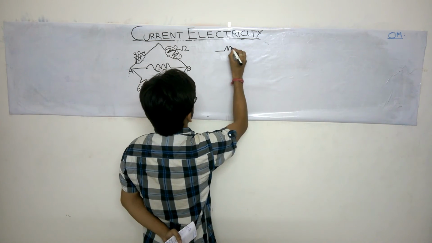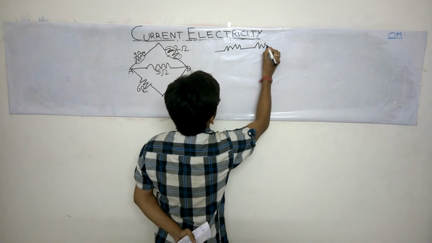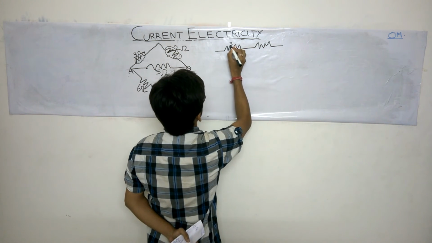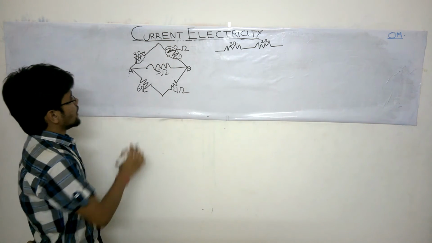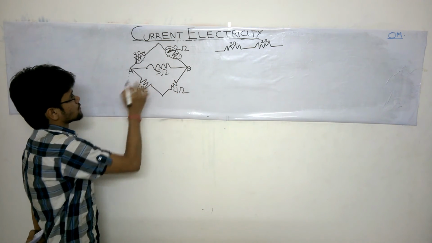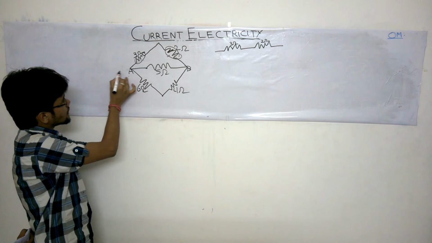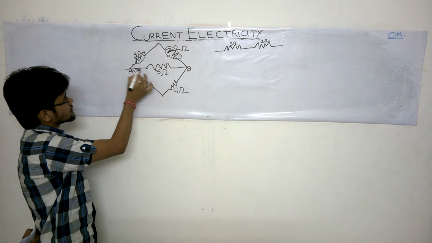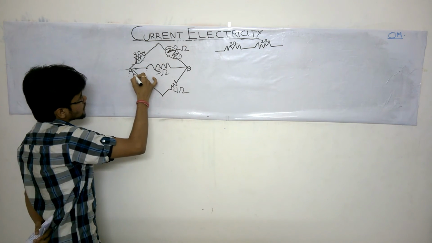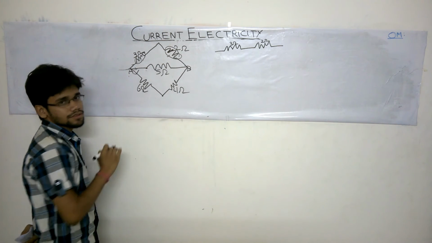If we open it, we write these two resistors as 3 ohms and 2 ohms. Okay. Now we have this resistance 5 ohm. As you can see, if the current is flowing in this circuit, we will have a different current for this resistor, the same current for these two resistors, and the same current for these two resistors.